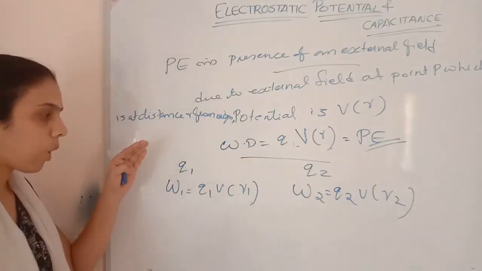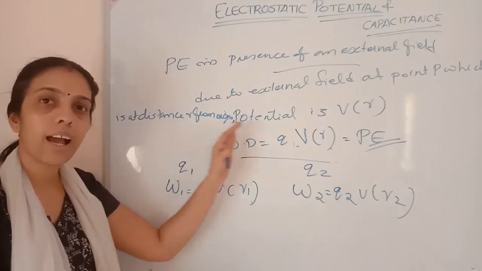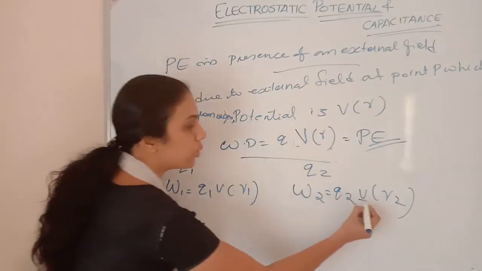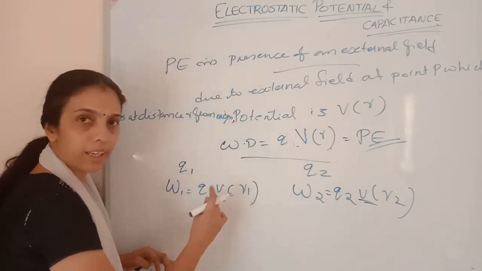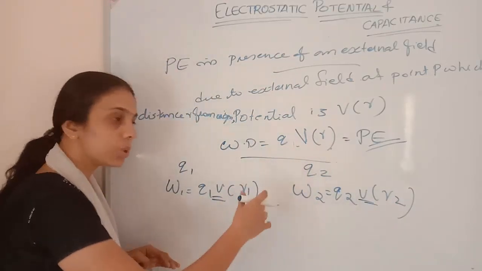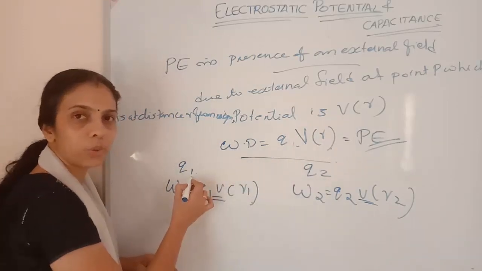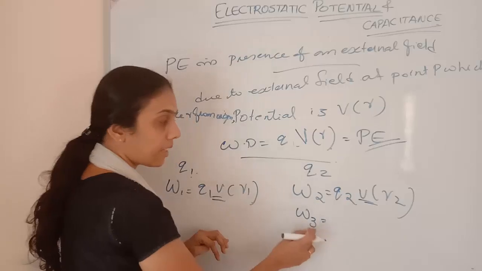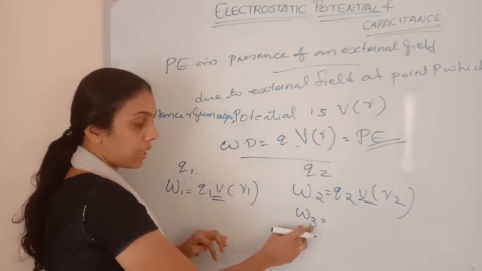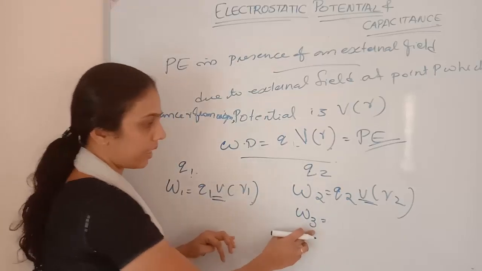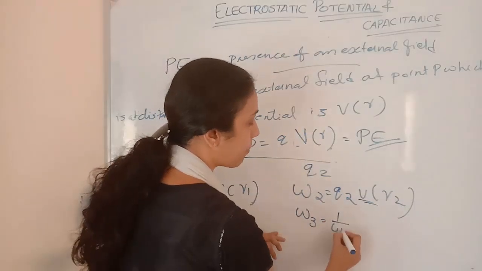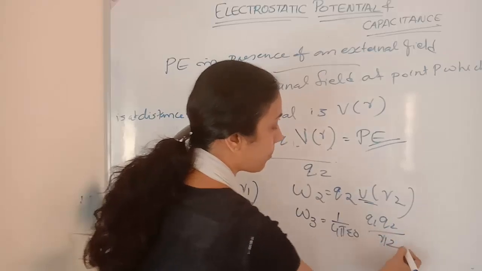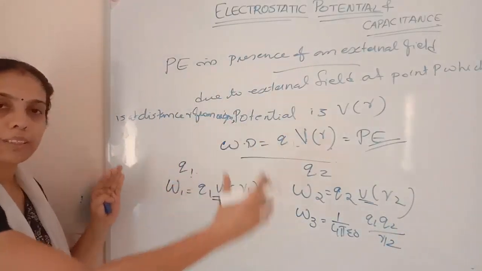Now already the q1 charge is there and another charge q2 is coming, right? So this is due to the uniform external field. Apart from that, we should do work against q1 and q2. What will be the work against q1 and q2? I am writing it as W3, which will be equal to 1 by 4 pi epsilon 0 q1 q2 divided by r12. So what will be the total work done?